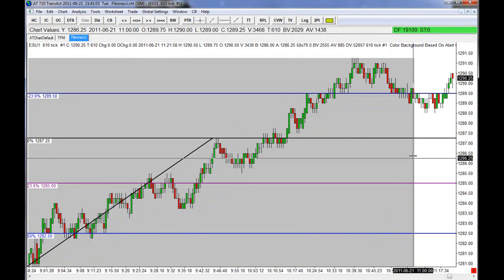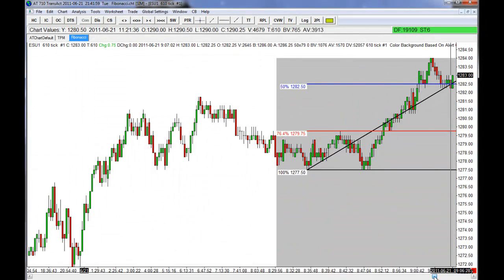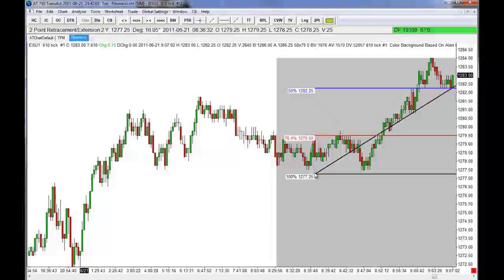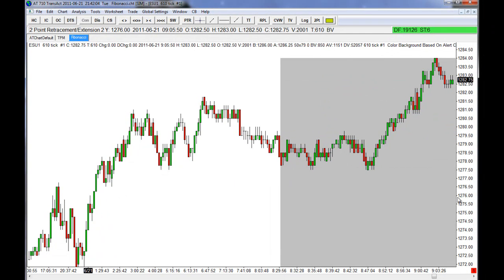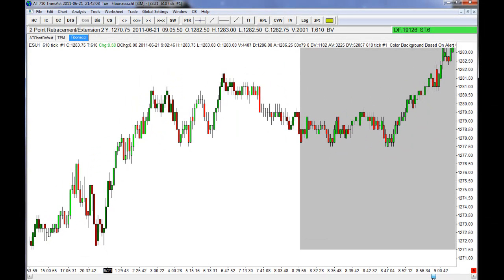And then we got to noon Eastern, so I stopped trading. Just took one trade. Took a 5-tick profit. That's all the market gave me according to my rules. So that's what I took.